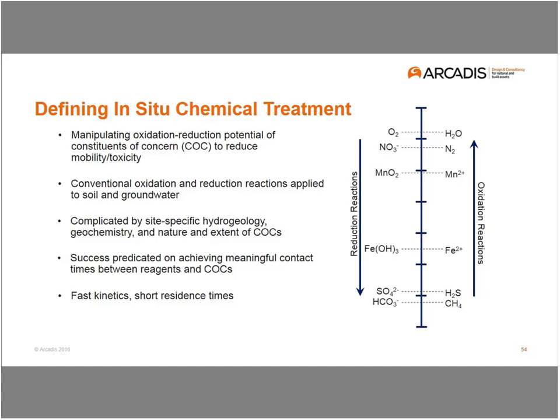But when you add the site-specific hydrogeology, geochemistry, and nature and extent of contaminants that we're targeting, you have to calibrate the expectations of what chemical treatment can achieve. Chemical treatment success is really predicated on bringing the chemical reagent in contact with the COCs and allowing enough time to facilitate those reactions. Now, that can be really difficult because the chemistry is typically characterized by fast kinetics and short residence times.